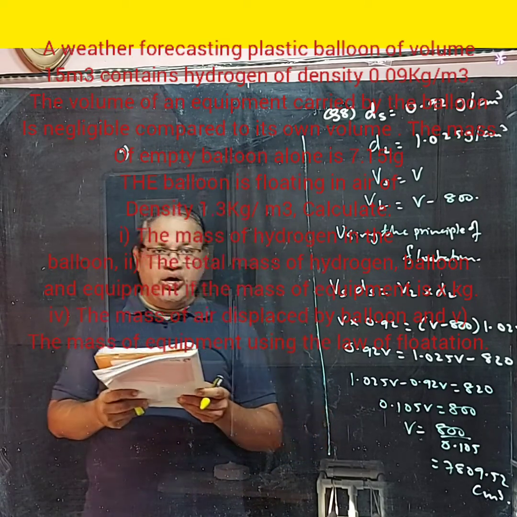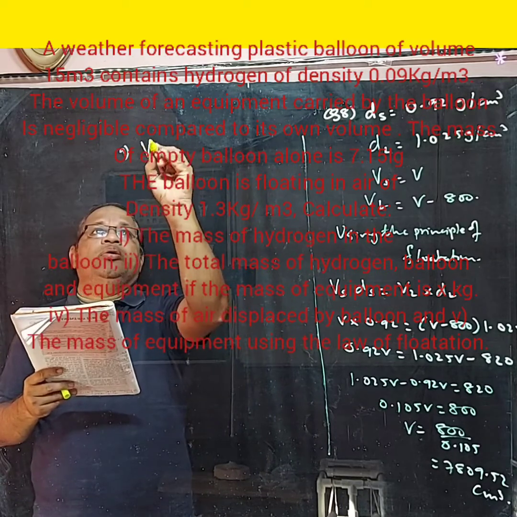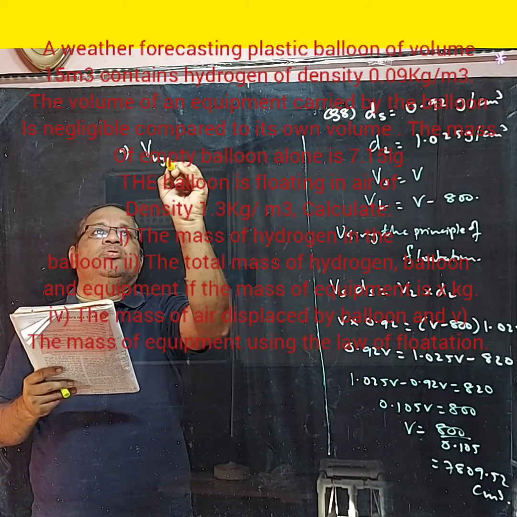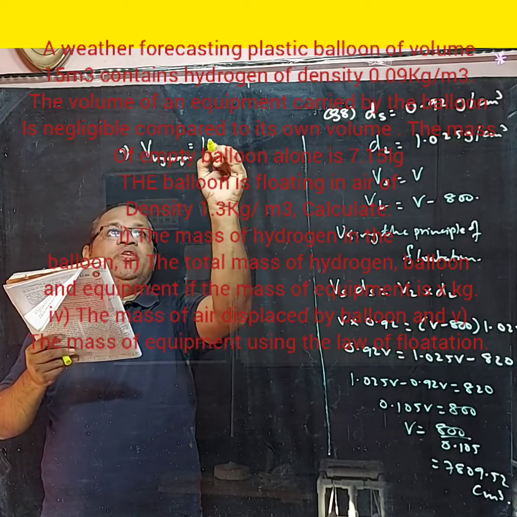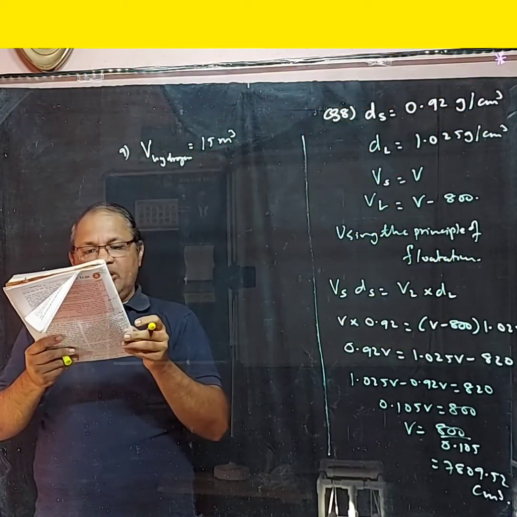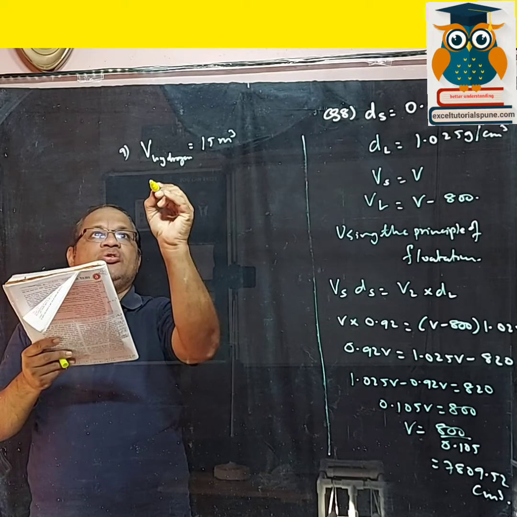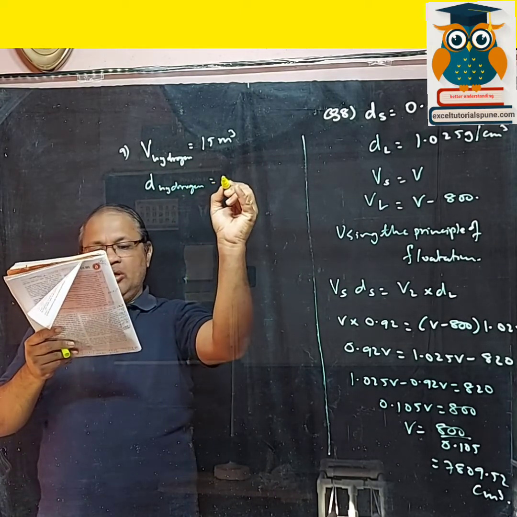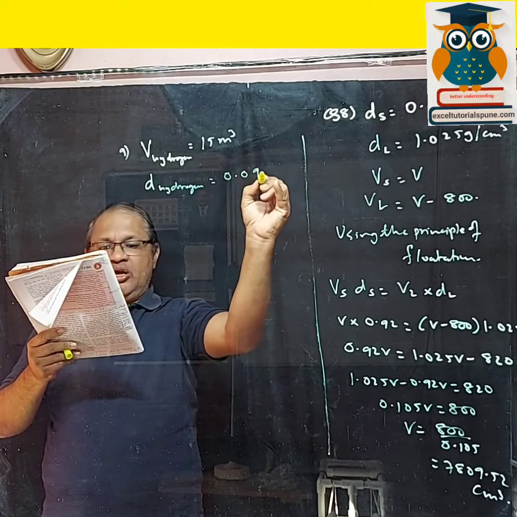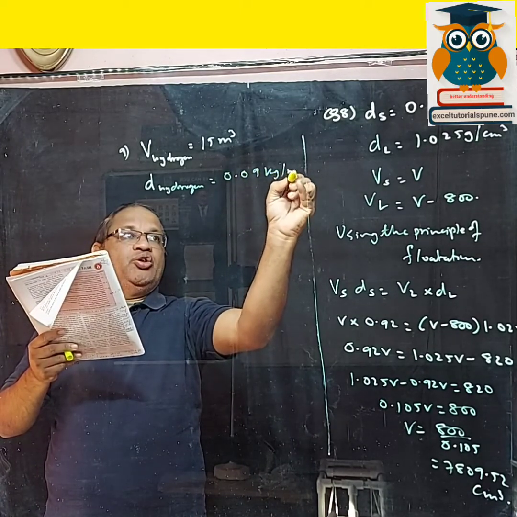So volume of hydrogen is equal to 15 meter cube. Then they have given density of hydrogen is equal to 0.09 kg per meter cube.